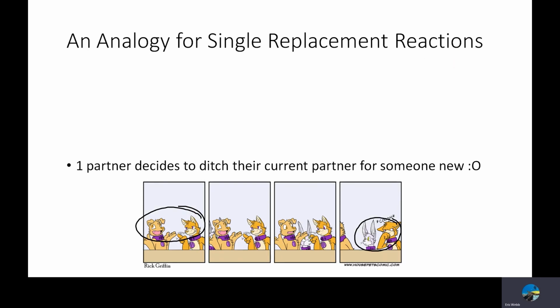Just another example of a single replacement reaction. Another analogy: just got a couple, and then eventually one person decides to switch for another partner and end up with a single person again, but we've kept a couple throughout. So again, we've got another example of a single replacement reaction.